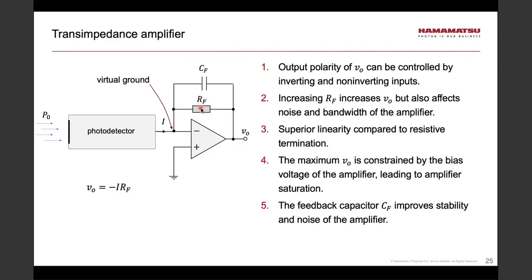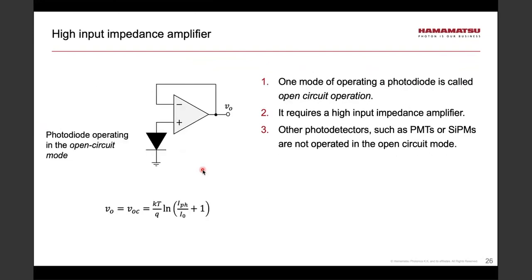Before moving on, let's make an obvious observation: a transimpedance amplifier is a circuit that needs to be powered, but it's much more expensive than a lowly resistor, which we discussed on the previous slide. Some operations of a photodiode in this particular case will require an amplifier with very high input impedance.